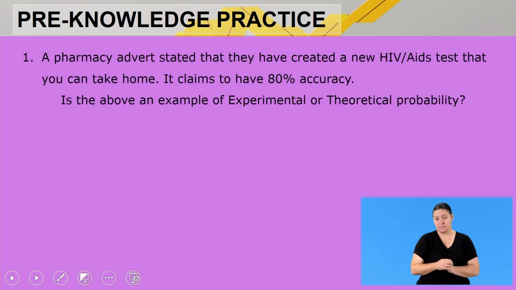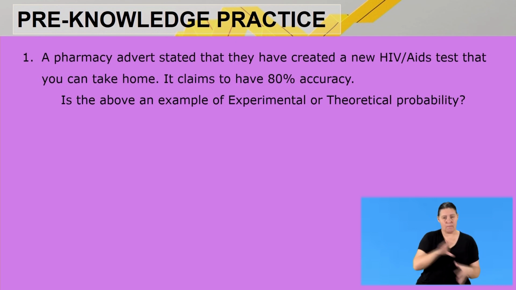So question 1. I said here that a pharmacy advert stated that they have created a new HIV/AIDS test that you can take home. It claims to have 80% accuracy. Now the question at hand, is the above an example of experimental or theoretical probability?